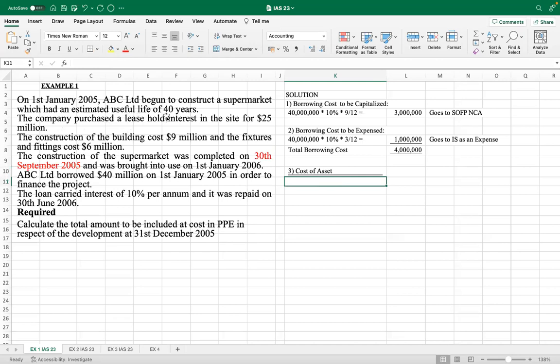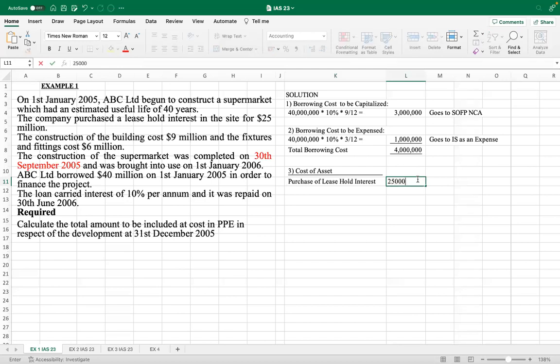The company purchased a leasehold interest in the site for 25 million. So purchase of leasehold interest was 25 million. And then you are being told the construction of the building cost 9 million.